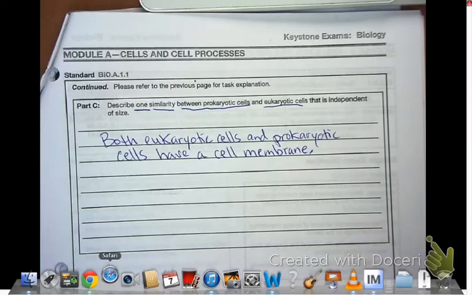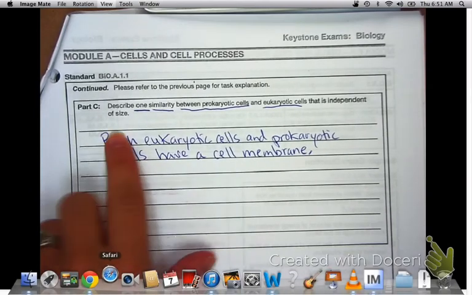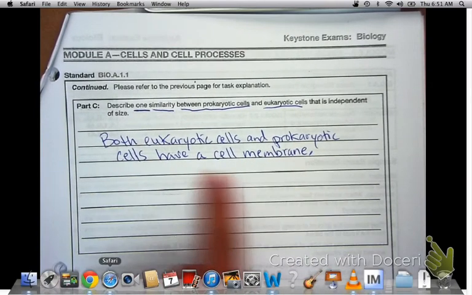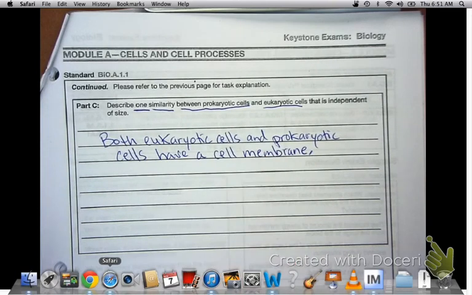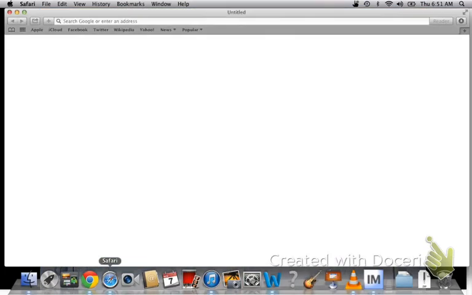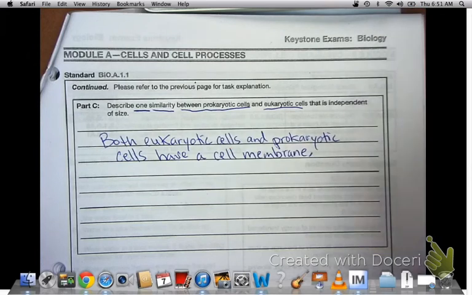So you can see here I wrote one similarity, they both have a cell membrane. So you can say cell membrane, you could say cytoplasm, you could say genetic material. Any of those things are going to work at this point. And this will give you a perfect score on this question, and it was 3 sentences long for all 3 parts.